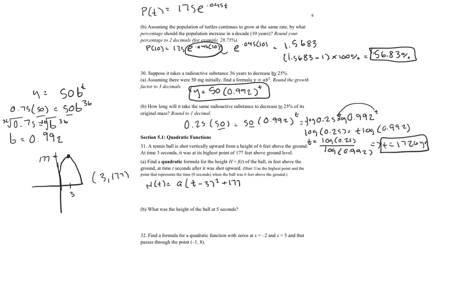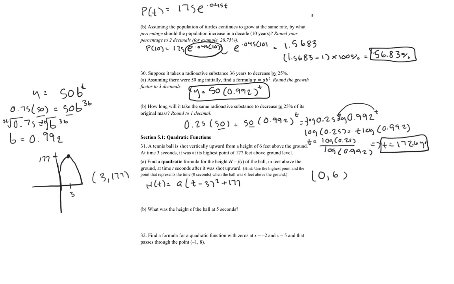Now we don't know this a, but we can find it because it says a tennis ball is shot vertically upward from a height of 6 feet above the ground. So at the time it was shot, at 0 seconds, it was 6 feet above the ground, right? So we can use this point to solve for our a.